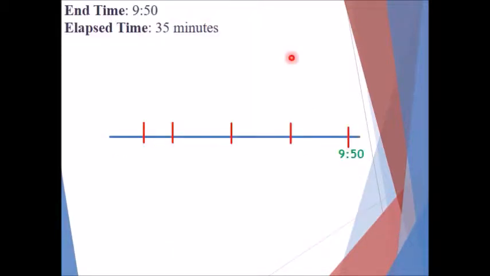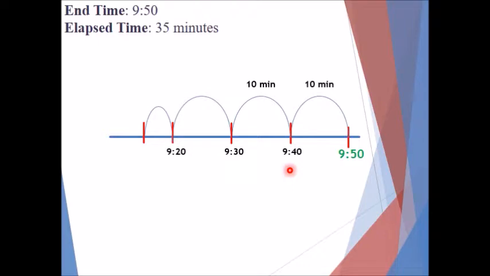Let's try to solve this problem using a number line. So we will start by labeling the end time, and we will jump backward to subtract the elapsed time. I will break apart the elapsed time into 10, 10, 10, and 5.